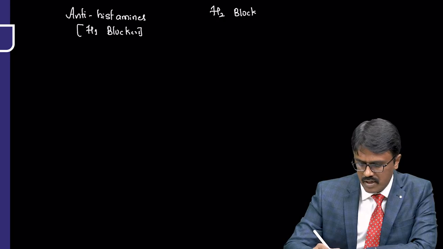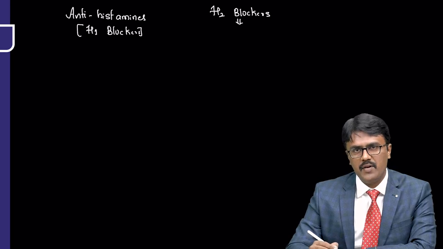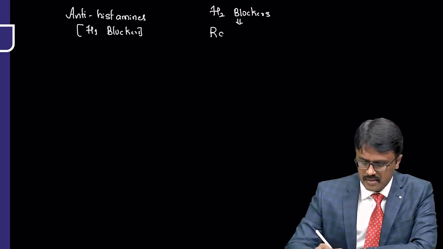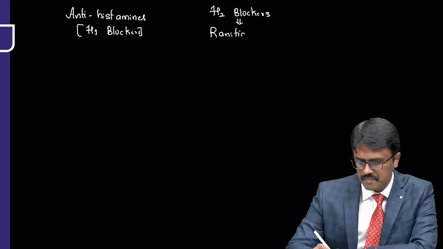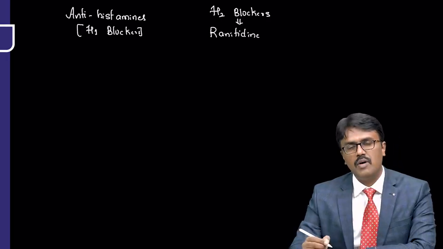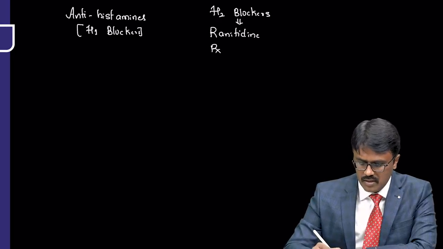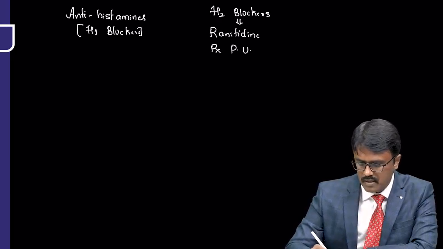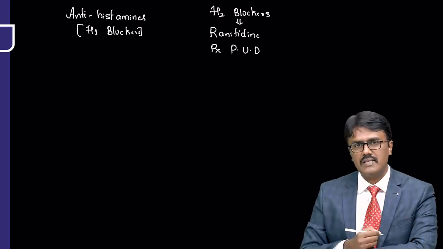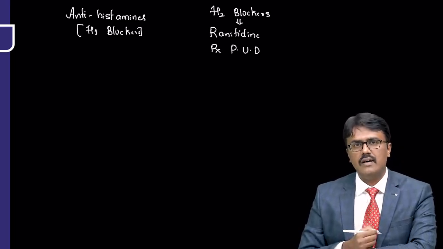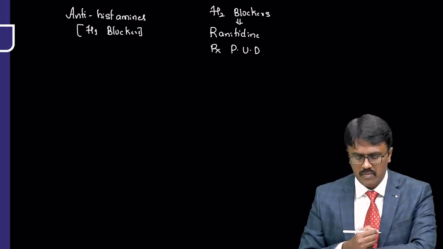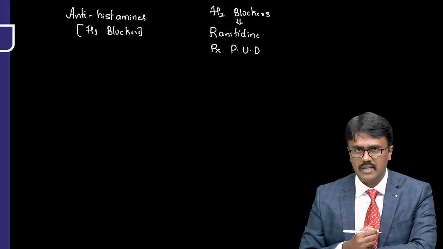I will give an example for H2 blockers, and most of you know the example. Can you tell me? Examples are ranitidine, cimetidine, famotidine. They are used to treat peptic ulcer disease. So H2 blockers are discussed extensively in the GIT topic. Here I am going to discuss the antihistamines, that is H1 blockers.